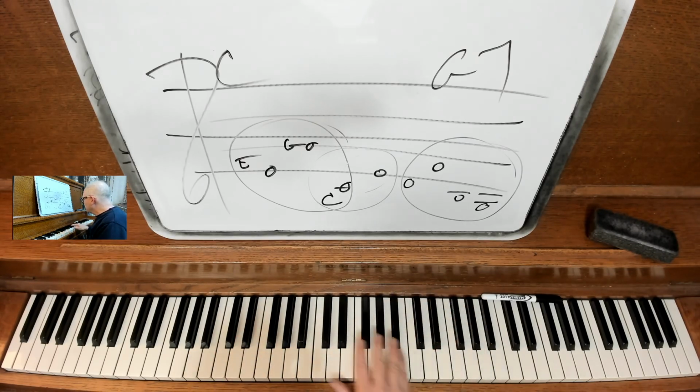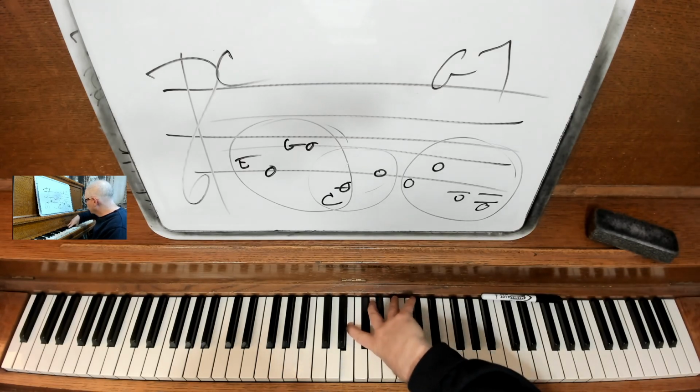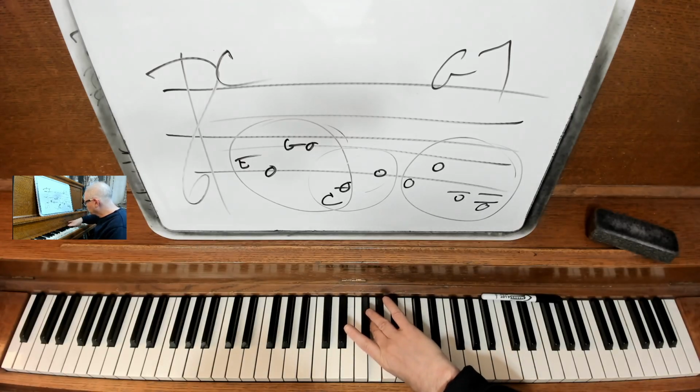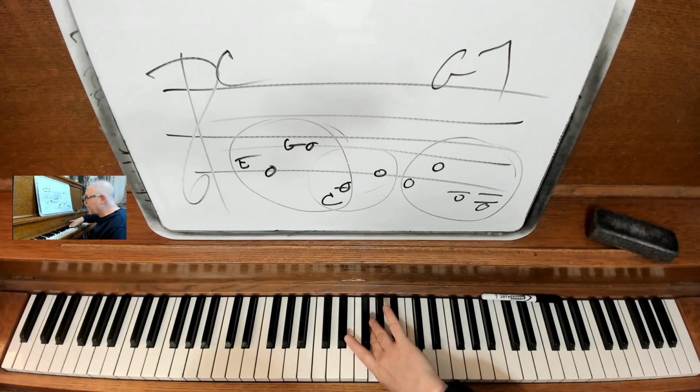What people typically do, though, is very often we cross the thumb under if you want to connect the notes. That's really what this shape is, what you want to achieve. You could practice that, holding your middle finger down and connecting that.